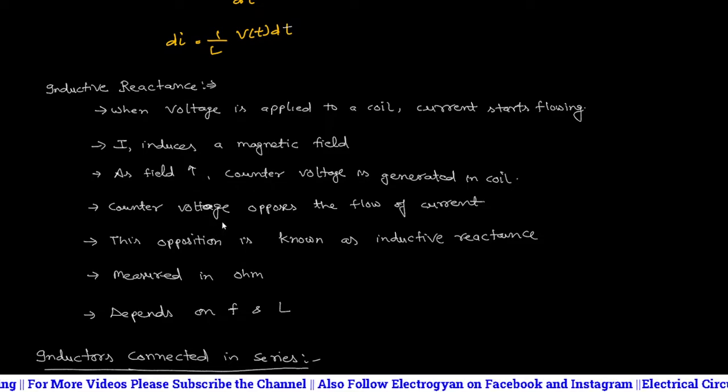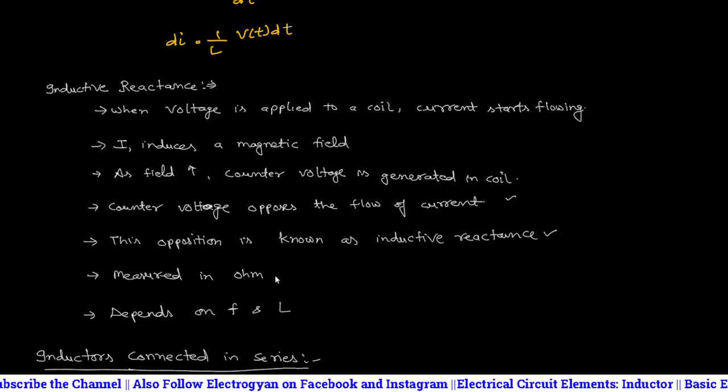This counter voltage opposes the flow of current, and this opposition is known as inductive reactance. So basically the property of an inductor which opposes the change of current is denoted as inductive reactance.